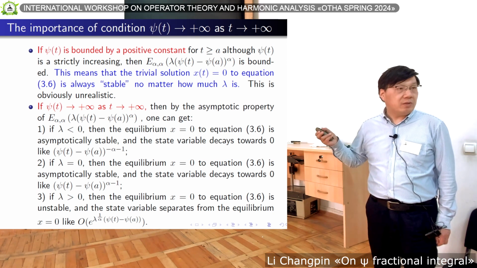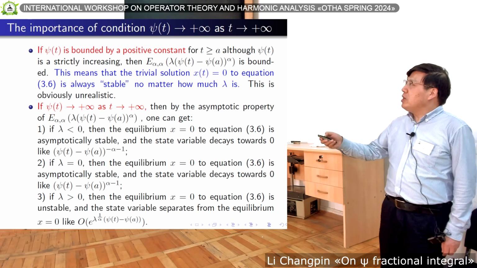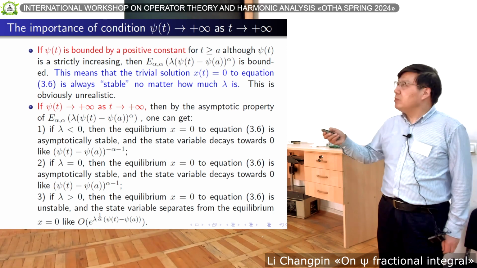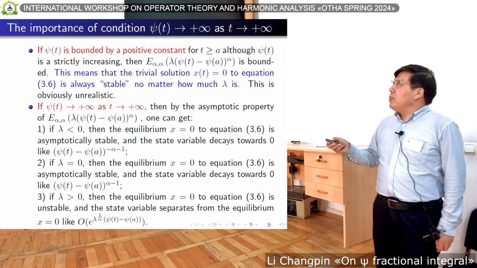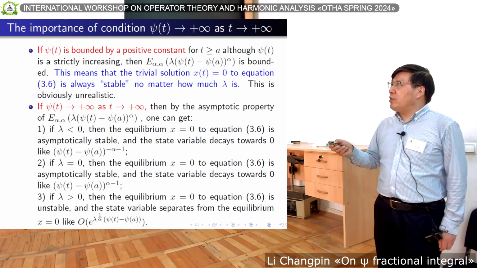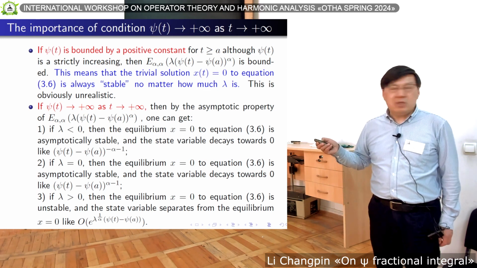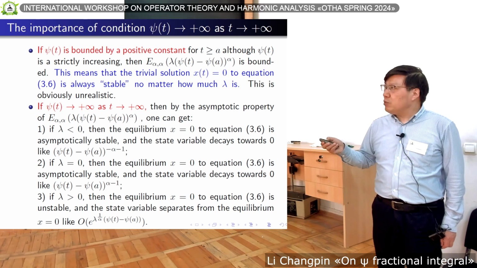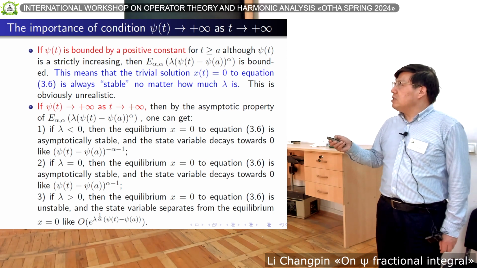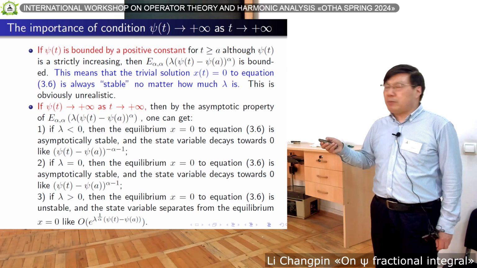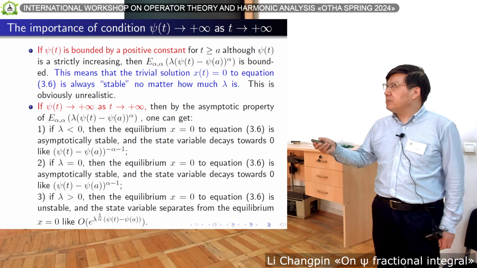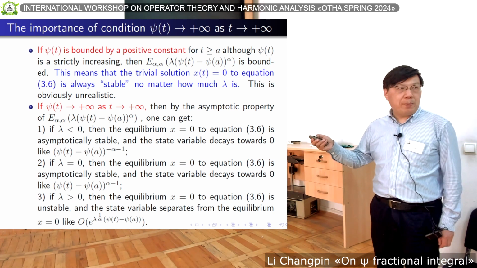Always stable. Then this is obviously unrealistic, so we need the condition. Now, if the condition is imposed, then by the asymptotic property of the Mittag-Leffler function, and lambda negative, this solution is asymptotically stable, and the state variable decays like this, t to the minus alpha minus 1.